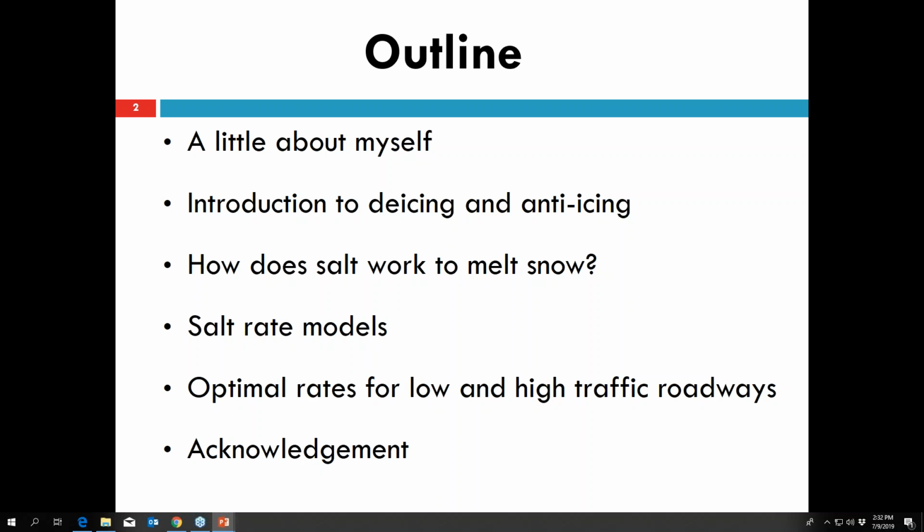And then I will talk about some application rates that have been developed for roadways, parking lots, and sidewalks. At the end, you can ask me a question, or you can also ask me a question during this presentation.